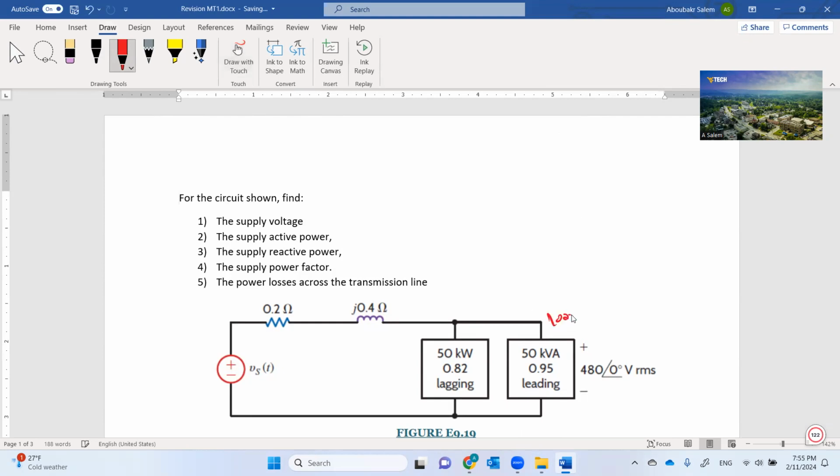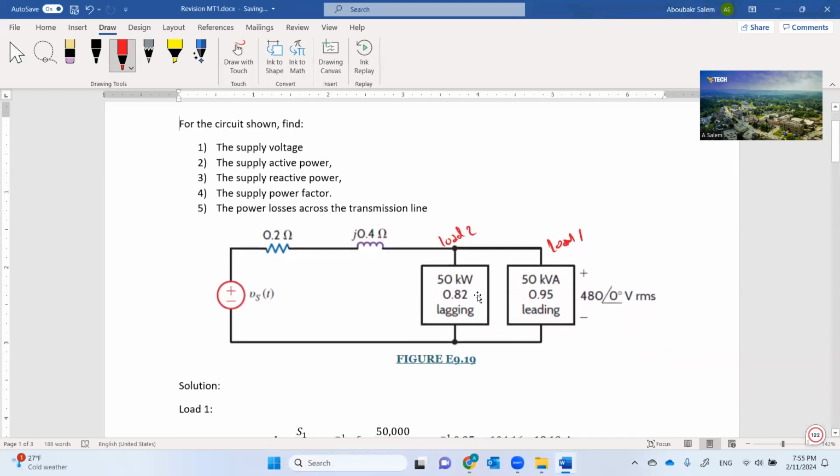Assume this is load number one, and this is load number two. Now we need to make some analysis in this circuit. Firstly, we need to get the supply voltage. We don't know the current in this branch, which is the transmission line, and we need to get this supply volt.